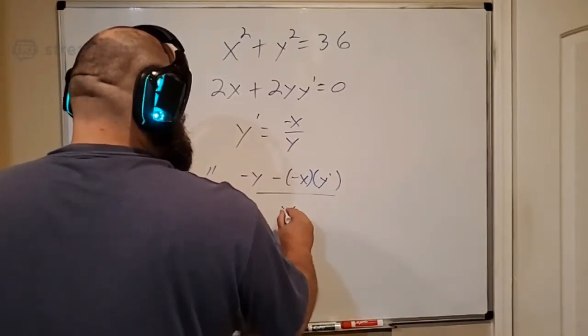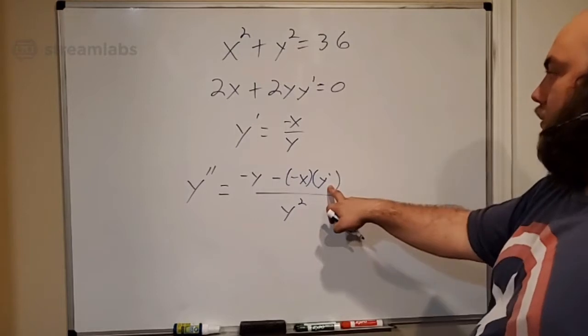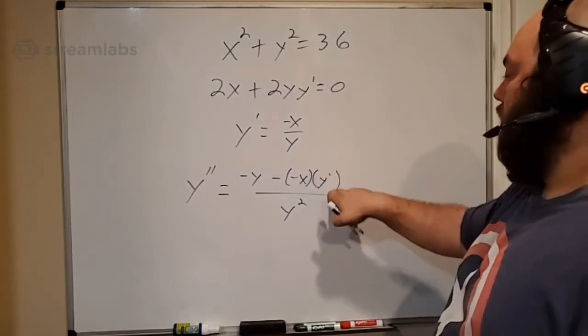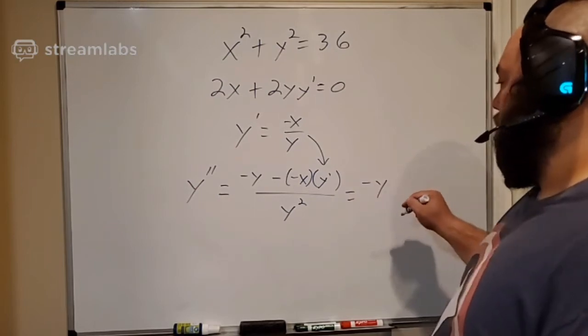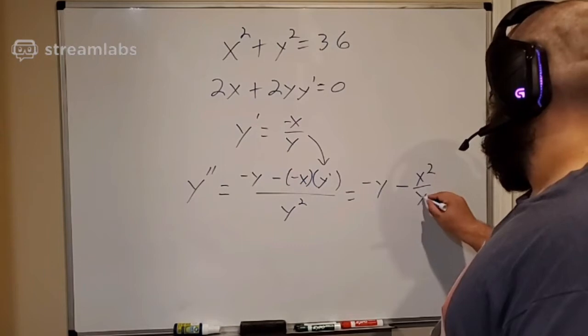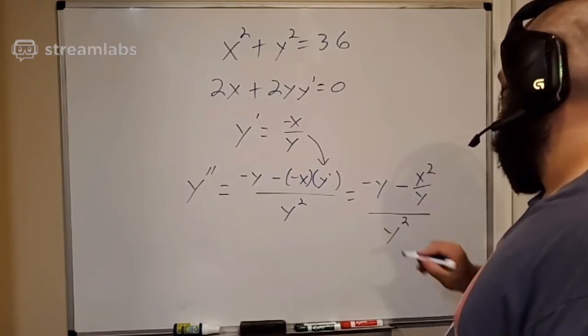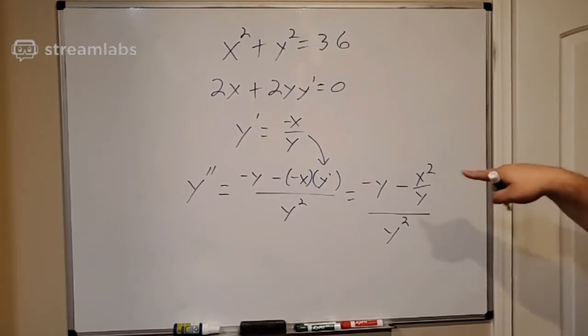Replace the y prime with our answer up here, because we do have to substitute that in, and we get negative y minus x squared over y squared. I think that's right. Negative, 3 negatives mixed in. Yeah, okay. Again, notice how we're going to need to get their answer.